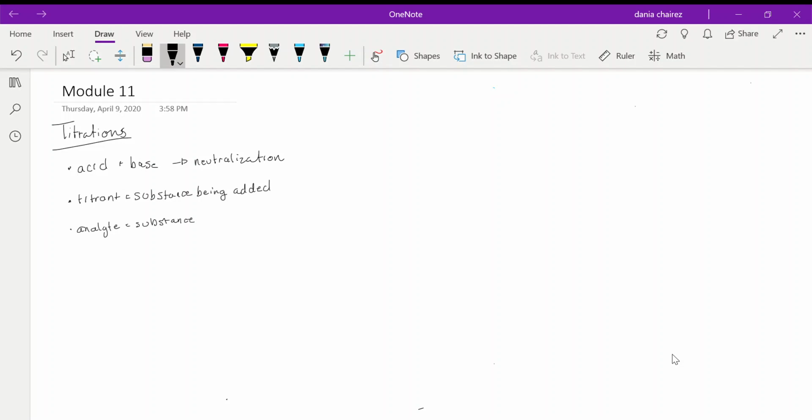As in, when you're performing a titration, it's the thing that's already inside of the flask, not what's in the burette.